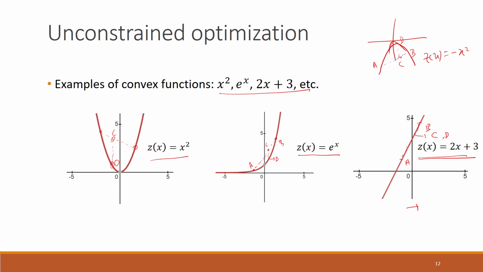C and D are exactly the same, and therefore it satisfies the condition for a concave function. So this is a linear function. It is both convex and concave, whereas the others are only convex functions.